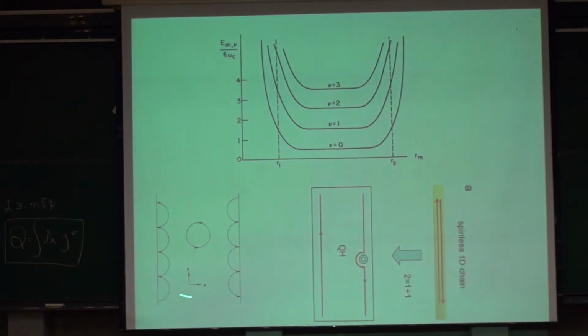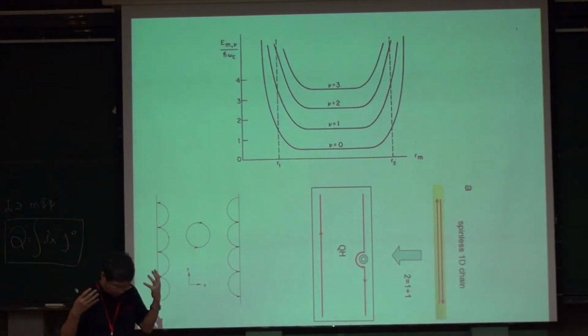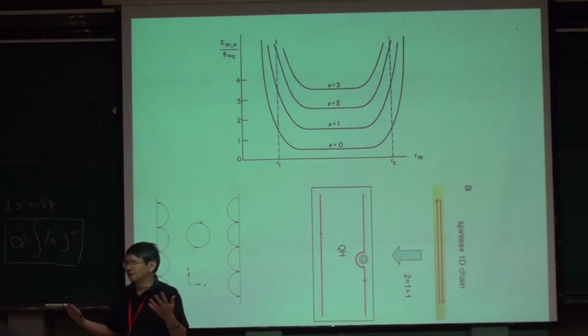Okay. So again, I suppose that you have seen this picture many times. Okay. You have skipping motion along the edge, but cyclotron motion in the bulk. Okay. So what Laughlin proposed, Laughlin's brilliant argument, now I interpret it as just saying that we have chiral anomaly in the system.